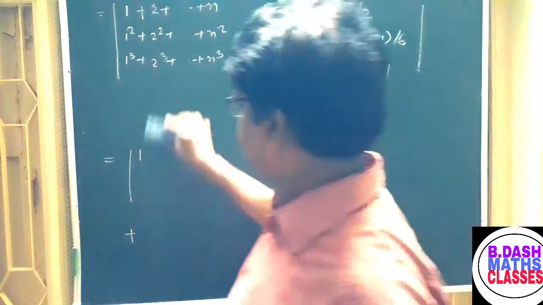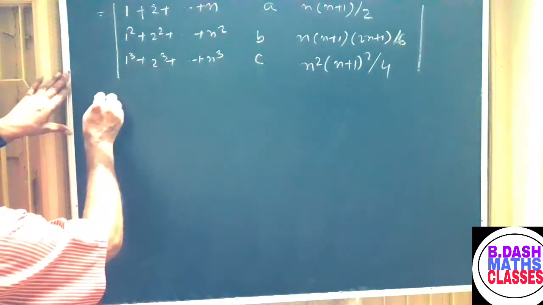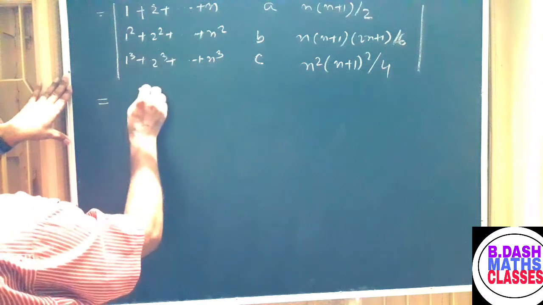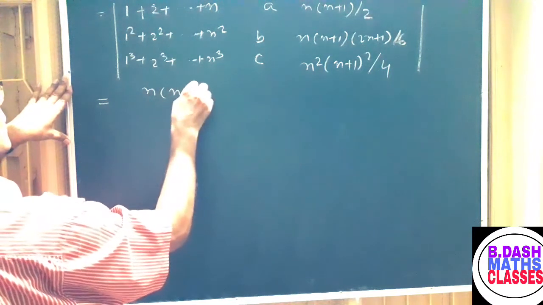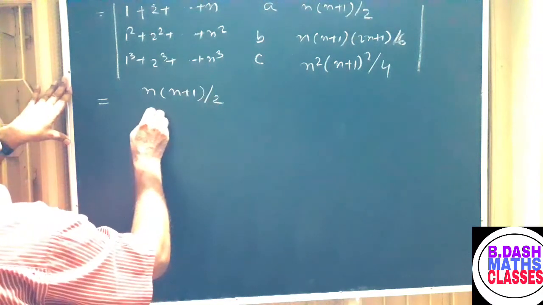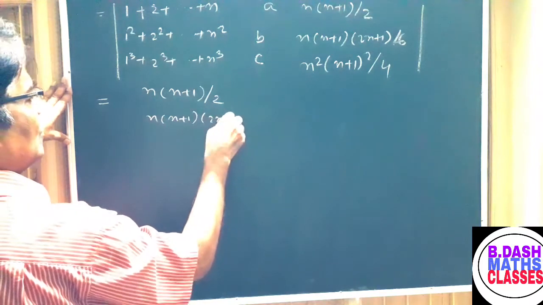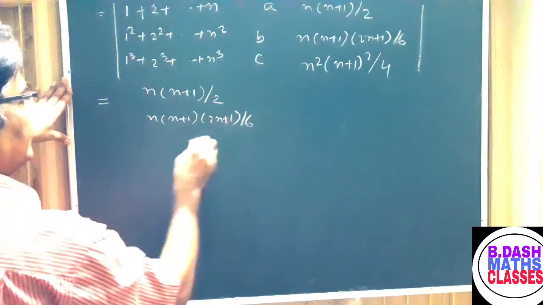Now we know this addition will give you n(n+1)/2. This one will be n(n+1)(2n+1)/6.